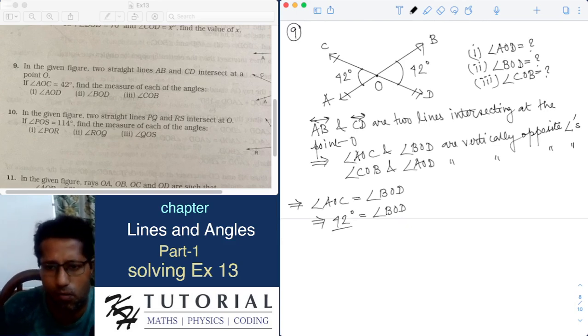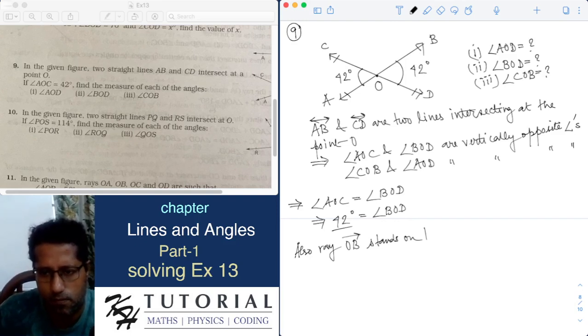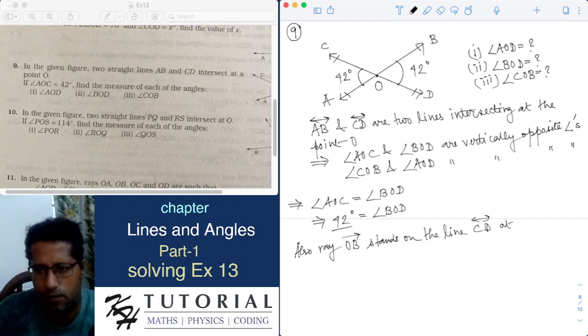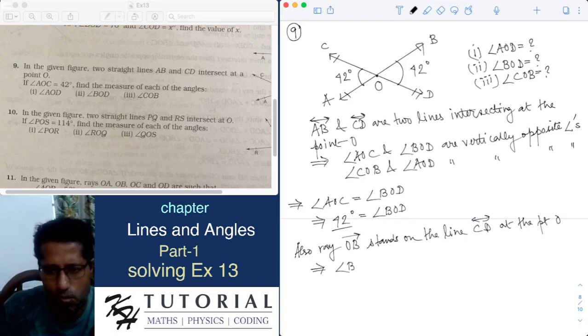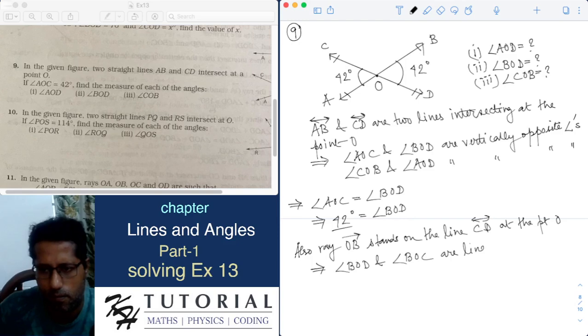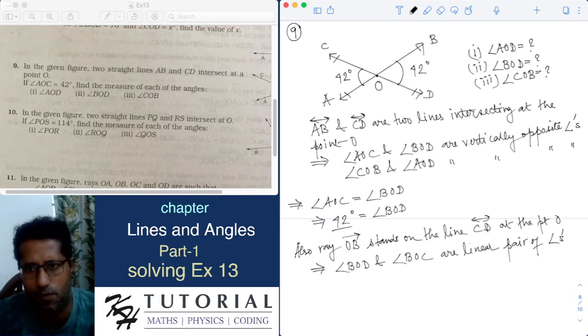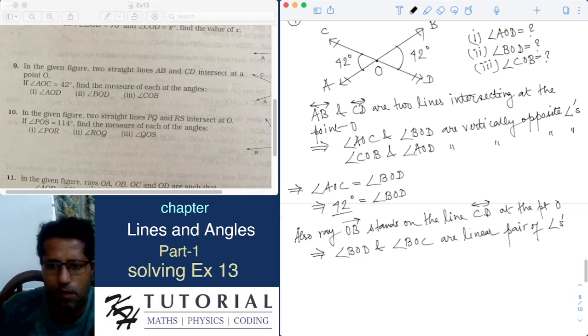Also, we know that ray OB stands on the line CD at the point O. So angle BOD and angle BOC are a linear pair of angles, because the ray OB is standing on the line CD at the point O. We know that the sum of a linear pair of angles is equal to 180 degree.